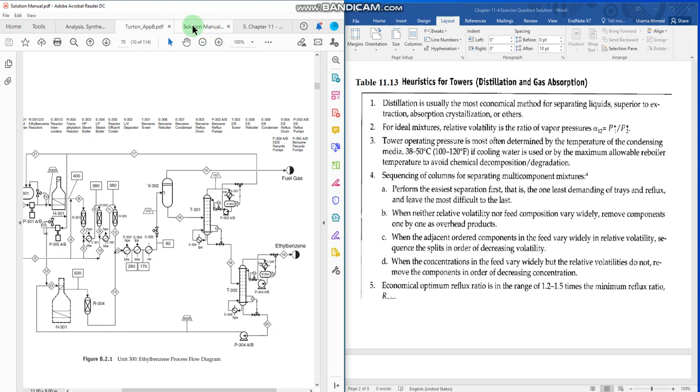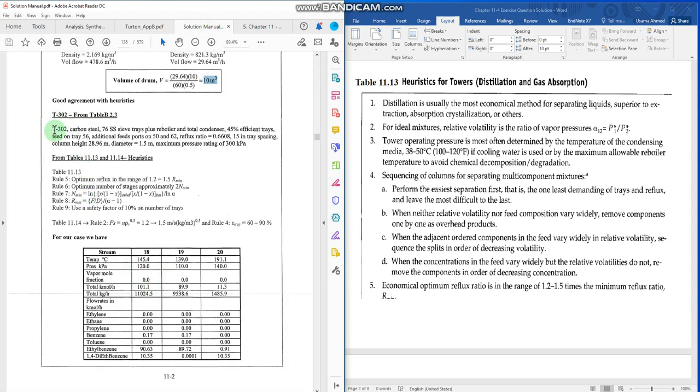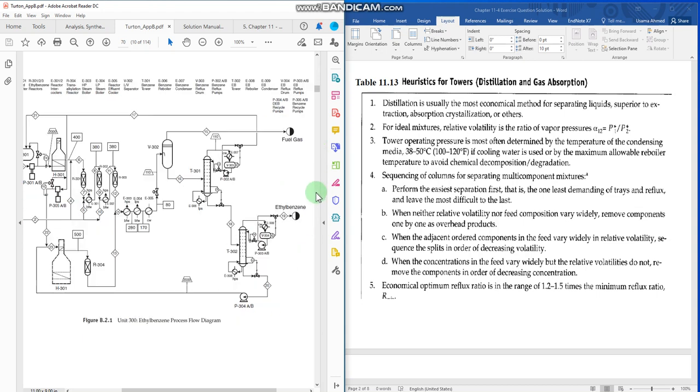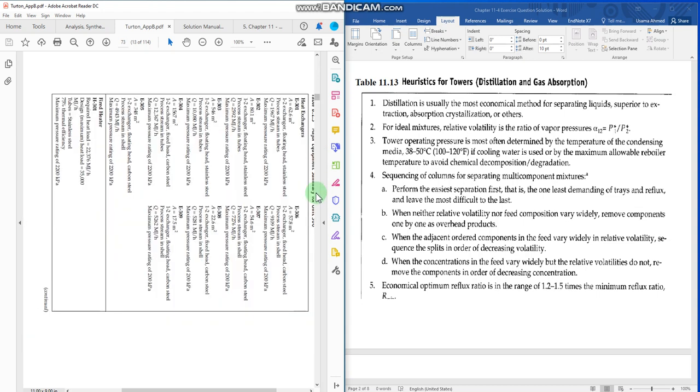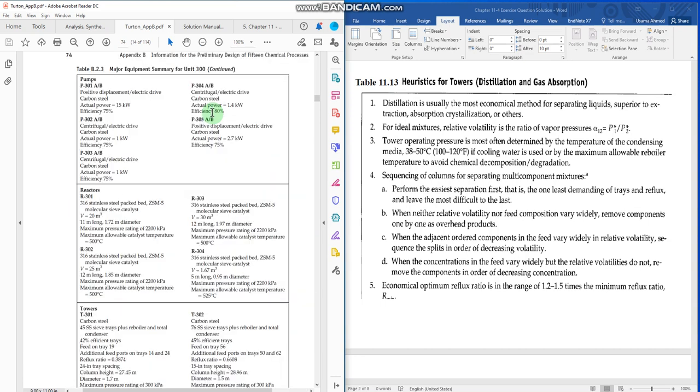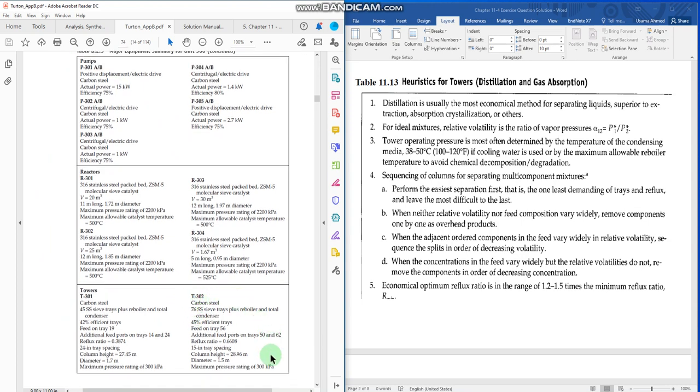Okay, now for the Tower 302 carbon steel, maybe you can go back to the information on this tower T302, which is provided here. Now here you would go to table 2.3, and here you would find the tower information on T302, which is the carbon steel.